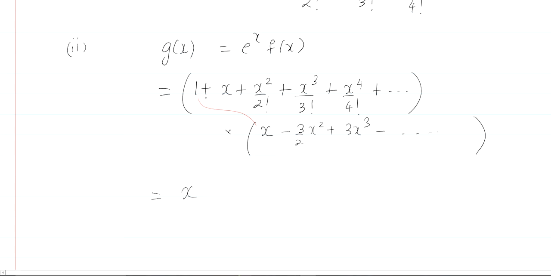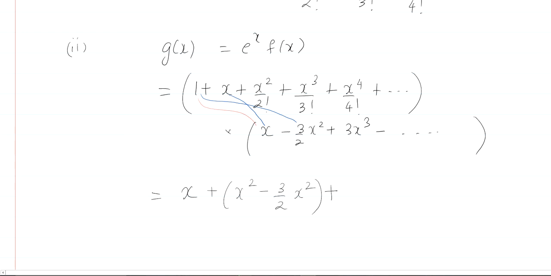So I can do 1 times negative 3 half x squared, and I can combine x times x. So what I end up with is plus x squared minus 3 half times x squared. Those are the only terms of the second degree.